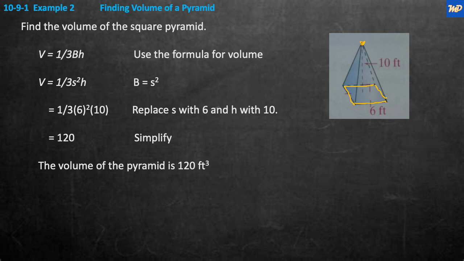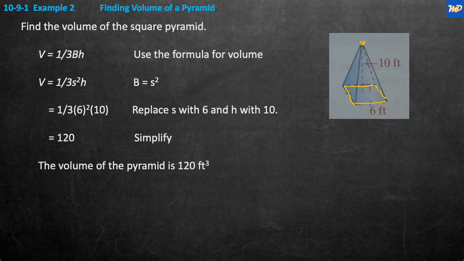The volume is 1/3 S squared. It's 2 sides, right? It's 6 times 6. So S squared times the height. 1/3 times 6 squared times 10.